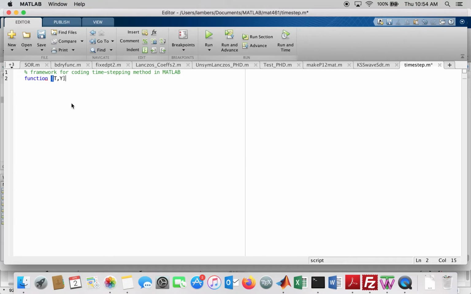So these will be the outputs, t and y, just like when I use ode23, MATLAB's built-in ODE solver. And my function is called timestep.